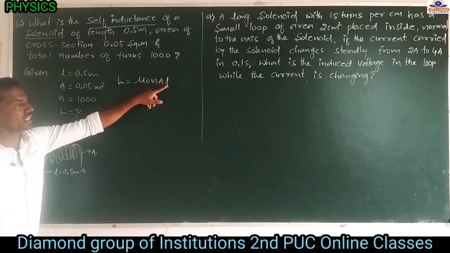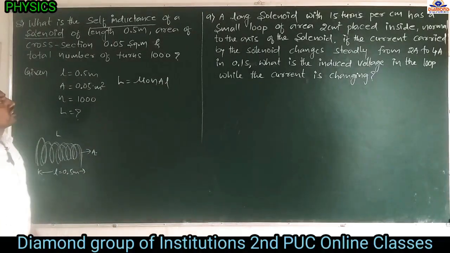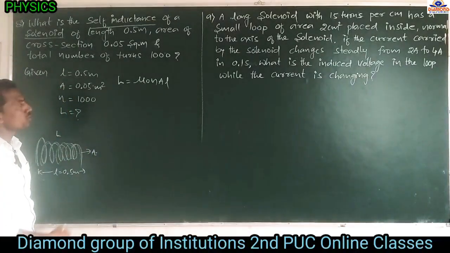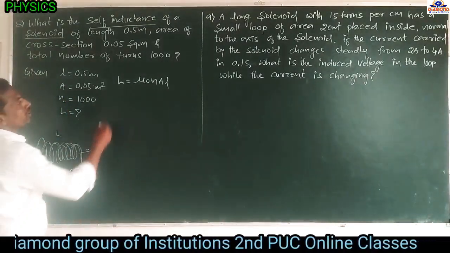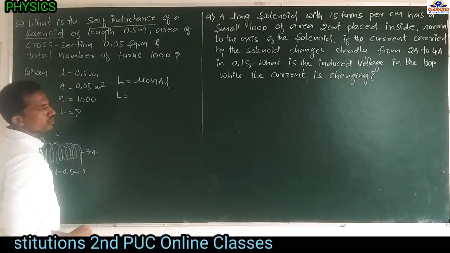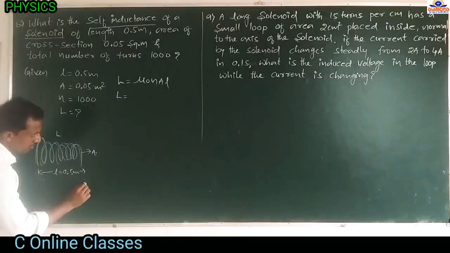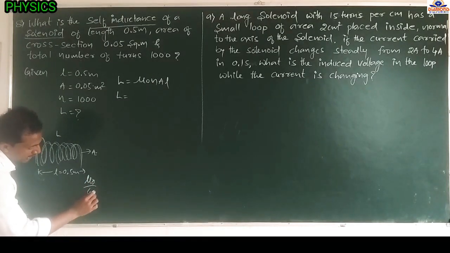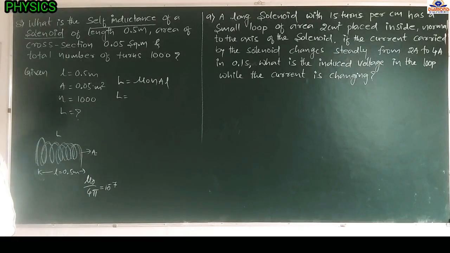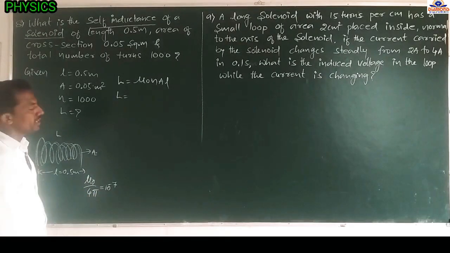Area. What is l? Length. Then substitute the values. We discussed mu naught by 4 pi is equals to 10 to the power of minus 7, its value.